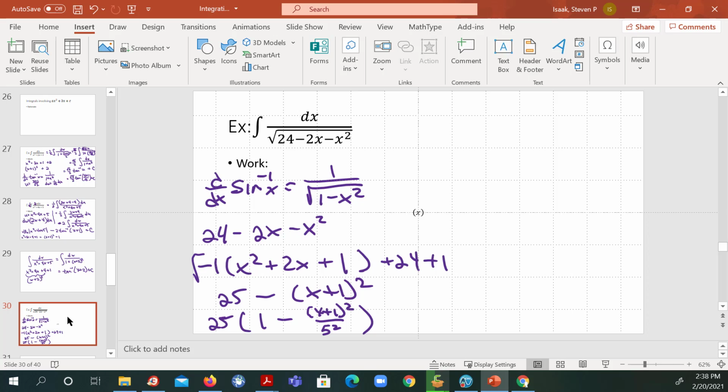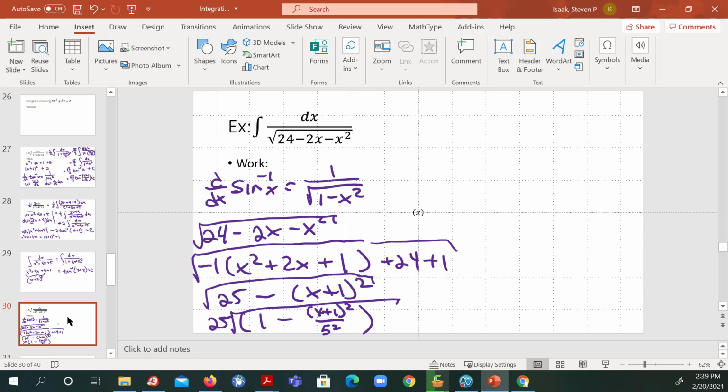And now I'm just going to take the square root of this and the square root of that. And I hope that the square root of 25 is still 5. But remember, that's in the denominator. And this is the integral of dx over the square root of 1 minus the quantity x plus 1 over 5 squared.